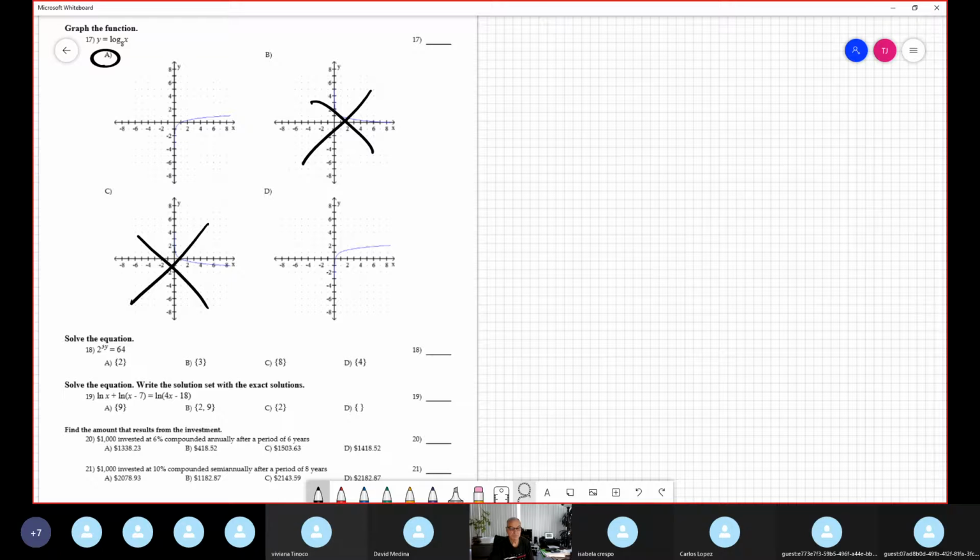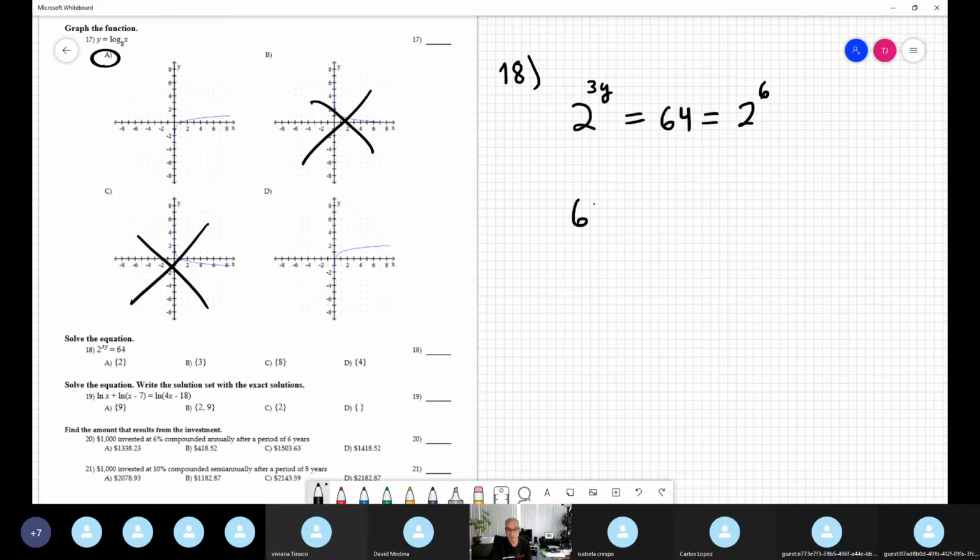Say 2 to the 3y, I suppose it's 3, no? Yeah, equals 64. Okay, this is the classical exponential equation that we can solve, manipulate both sides and express it in the common base, because I know the 64 is 2 to the 6th power, no? So 2 times 2 times 2 times 2, or whatever, you know, 64.